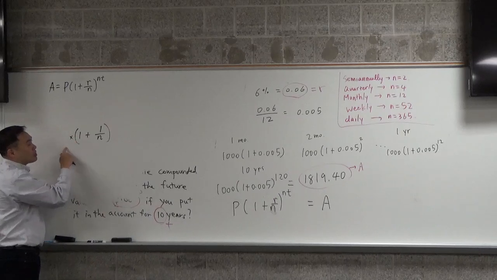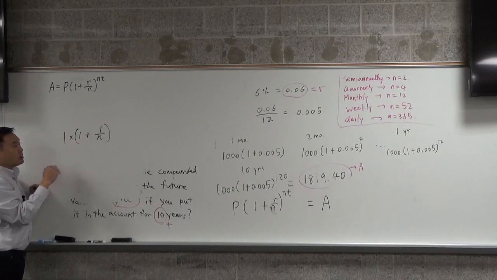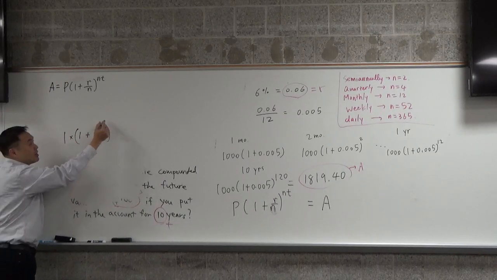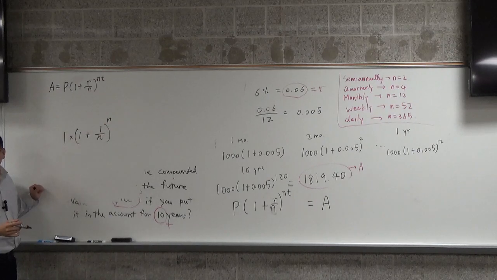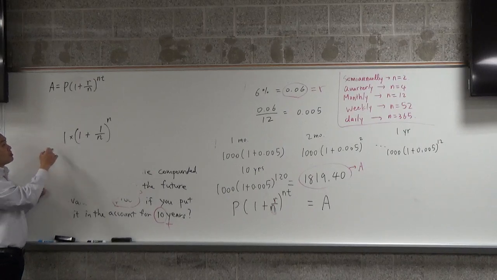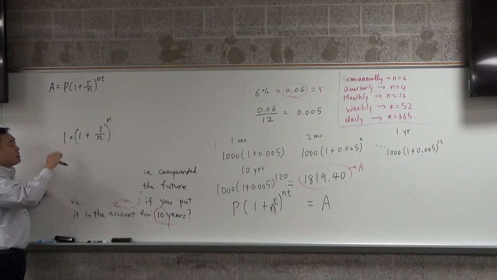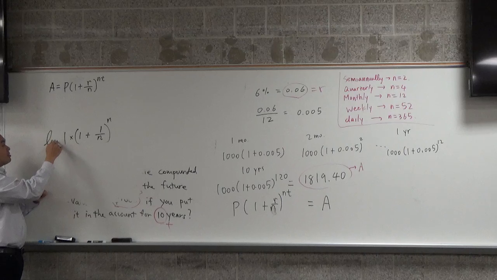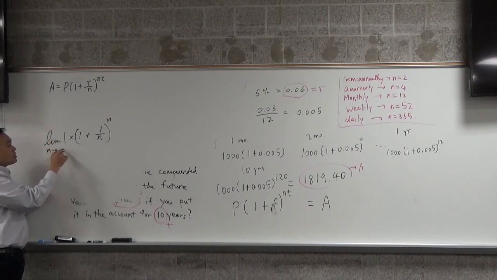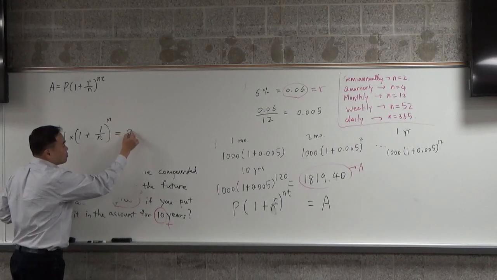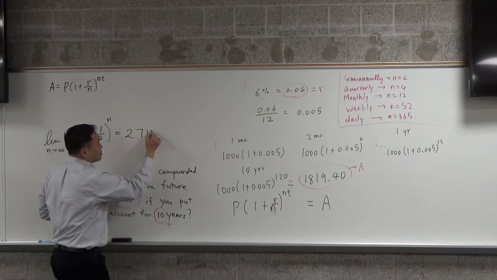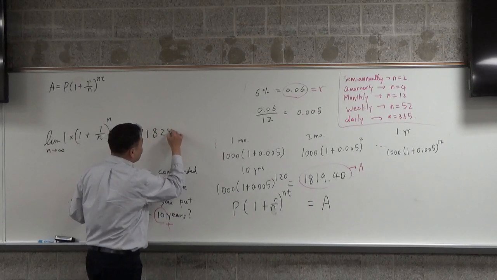You're multiplying this to the principal 1, and you're doing this increase n number of times, okay? And then you're making n go to infinity. So the symbol for that is limit n going to infinity. If you do that, the number that you get is 2.7182818.